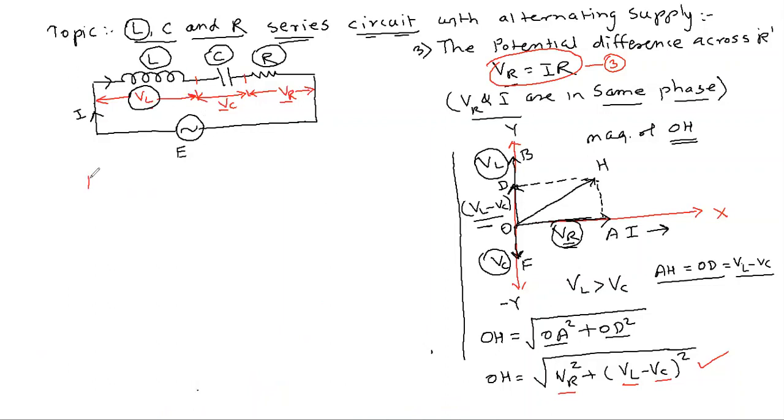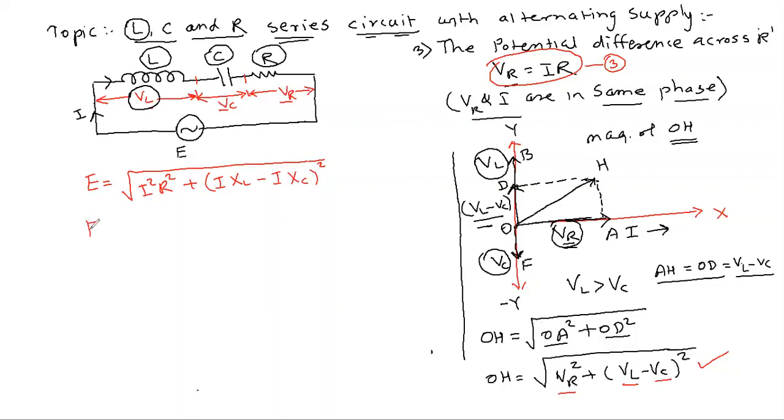OH is equal to E. So E is equal to square root of, what is VR? IR. So IR square, that means simply I square R square, plus, what is VL? VL is nothing but I into XL. I XL minus I XC bracket square.